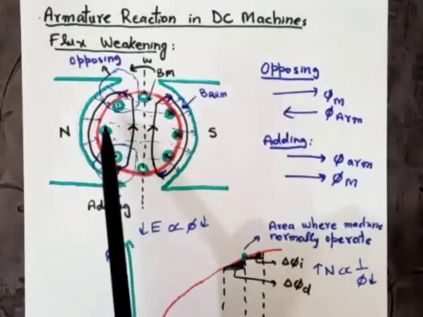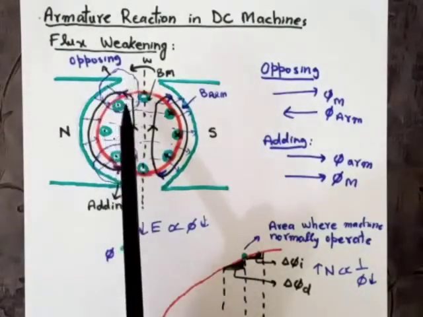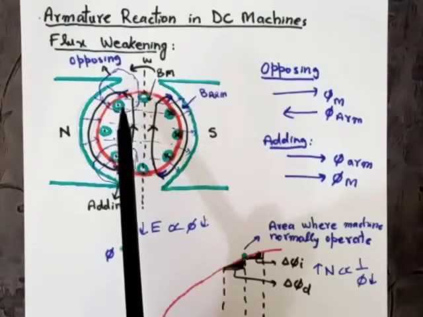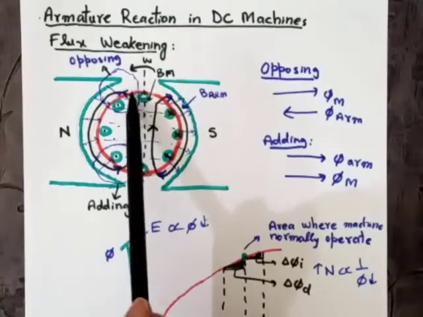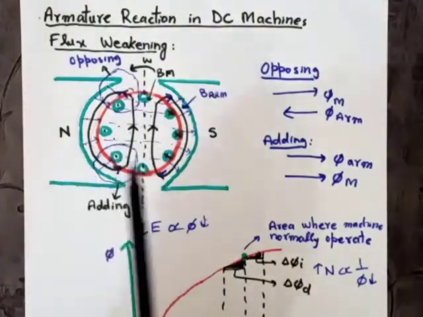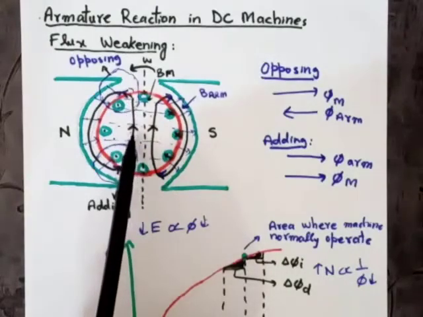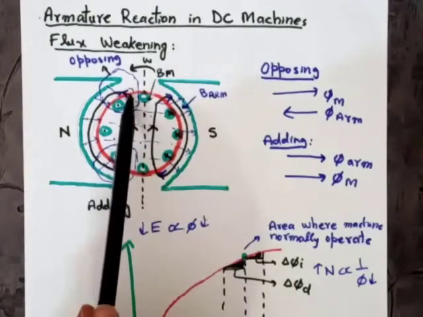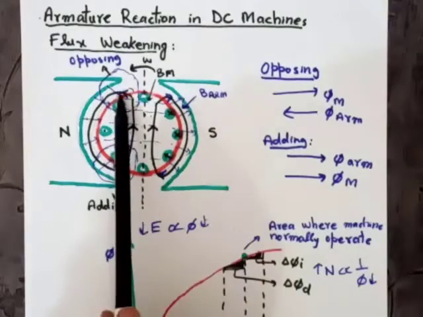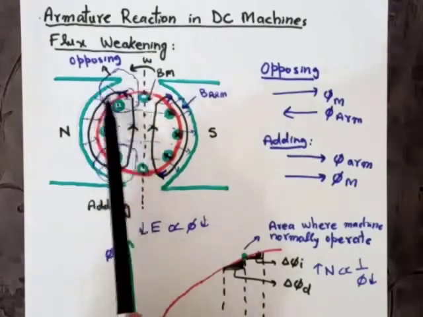let us take this area, the other tip of the same pole. Let us observe that area also. Here the armature flux is in this direction, from right to left, at that position.